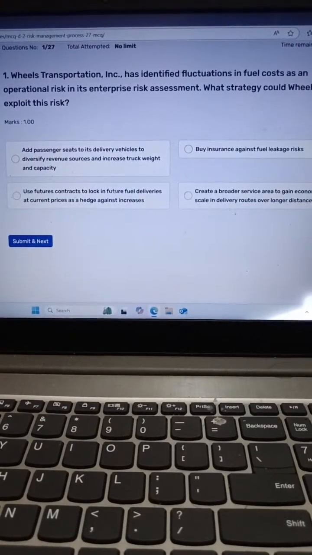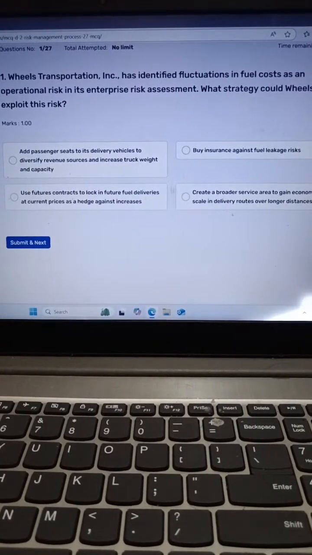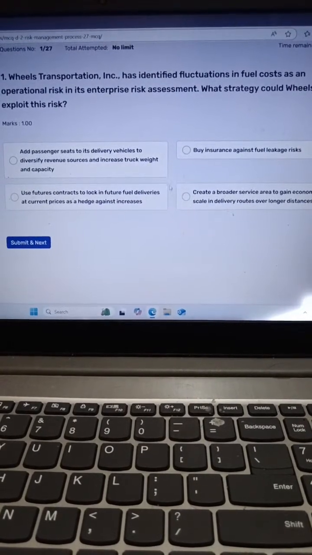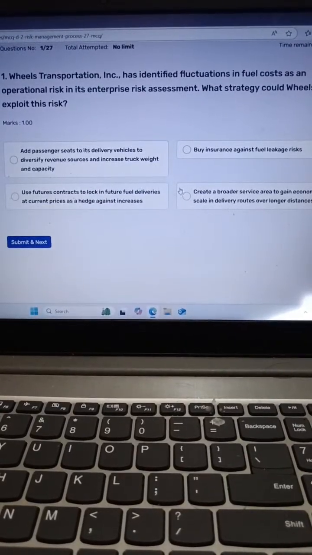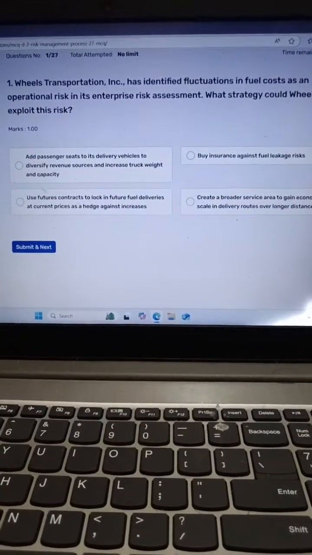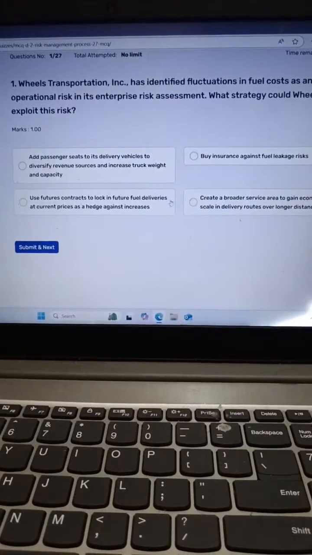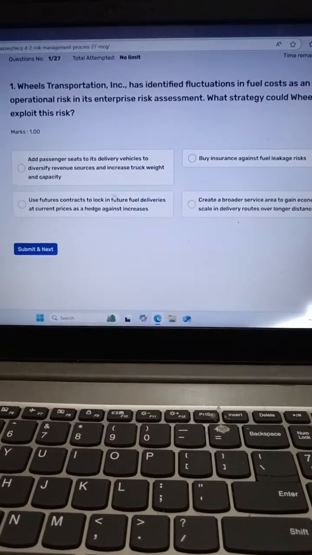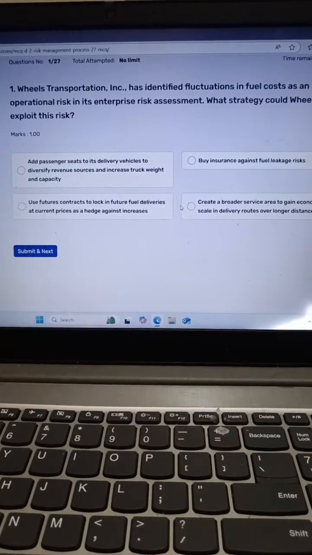And option D, create a broader service area to gain economies of scale in delivery routes over longer distances. And option A, add passenger seats. Options A and D have no reason.